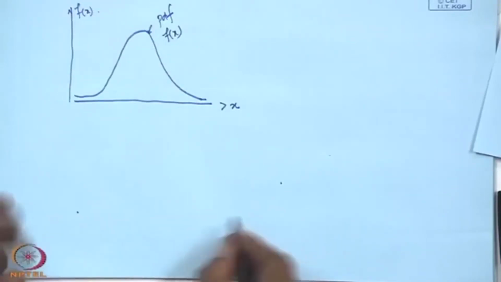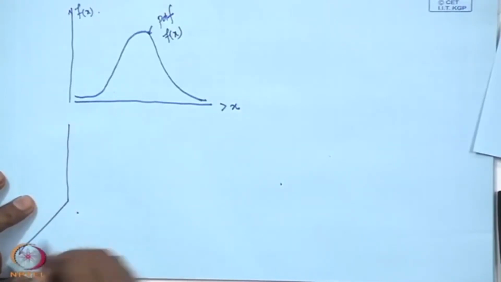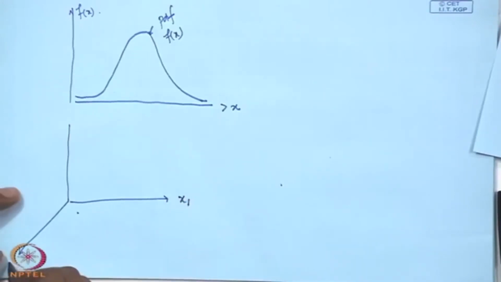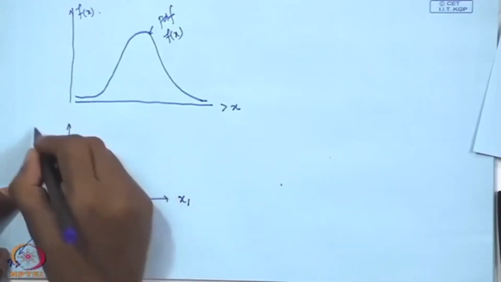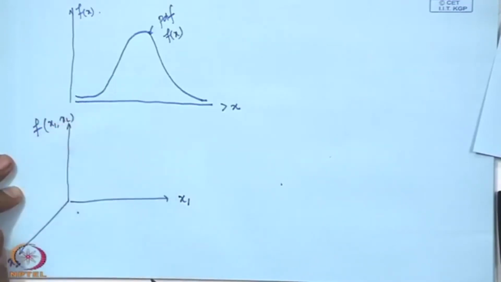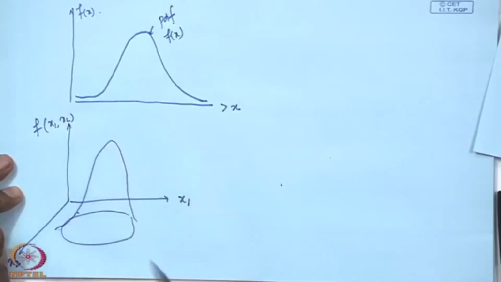You have to understand its multivariate counterpart, which is not that easy. Suppose there are two variables x1 and x2, then there will be a joint distribution of x1 and x2. So, what is the distribution? Something like this, you will get a three dimensional picture.